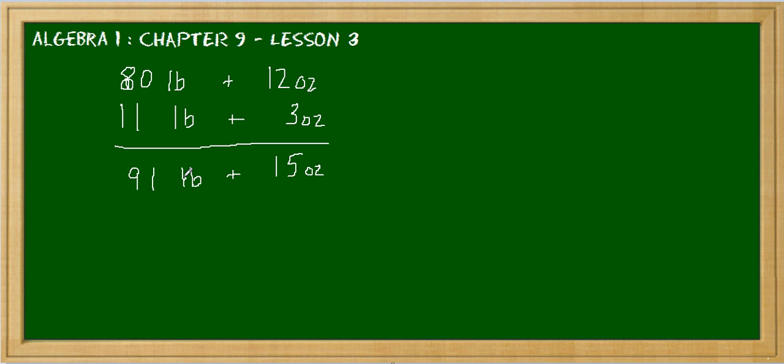Now, two or more polynomials can be added in the same way. They can be written in a column so that like terms, those that have the same degree and variable, are in line. Each set of like terms is then added.